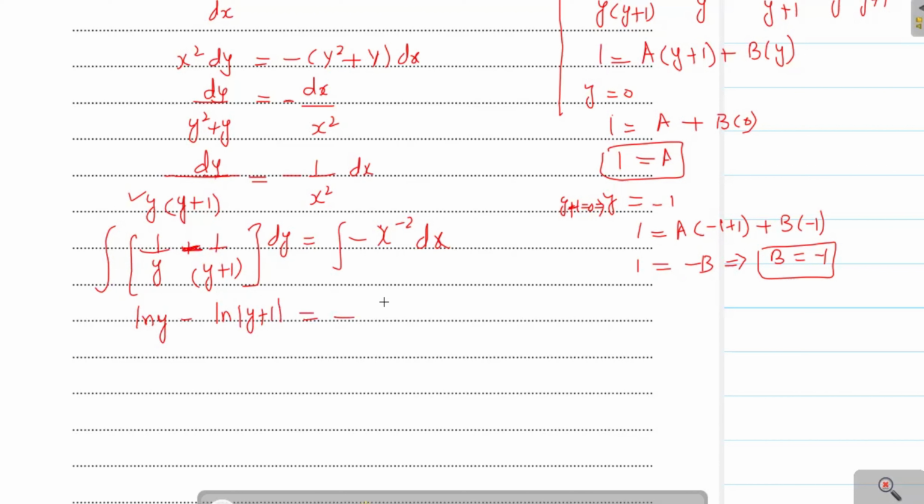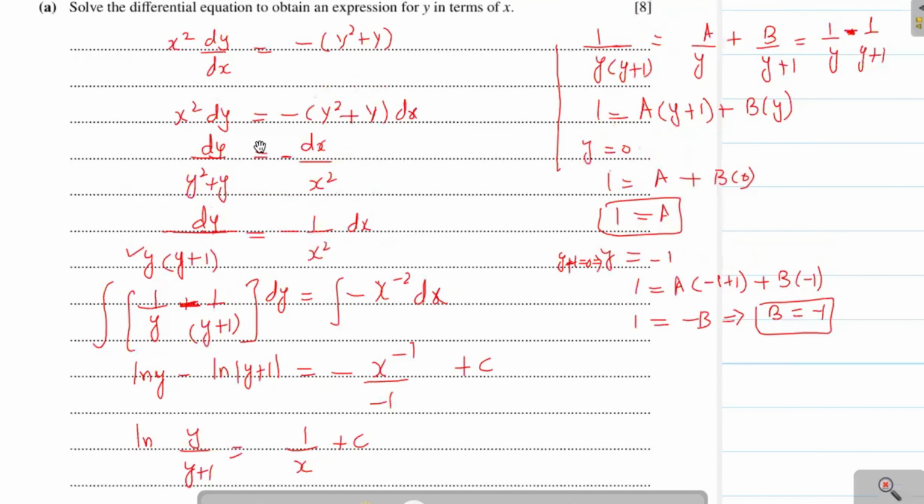Now minus x power minus 2 plus 1, this will be equal to minus 1 over minus 1 plus c, and we can write this as ln y over y plus 1 equal to 1 over x plus c.